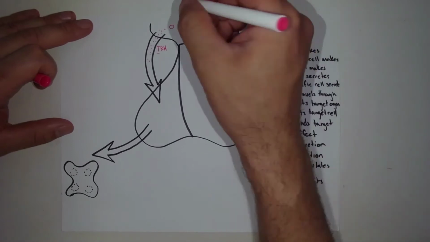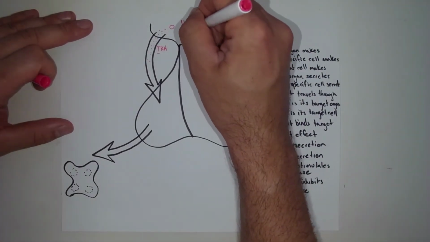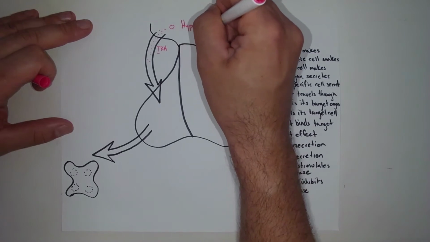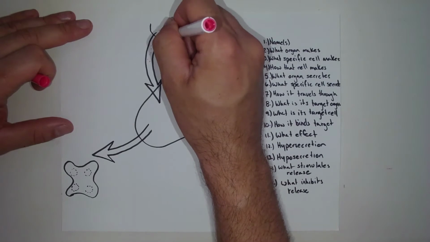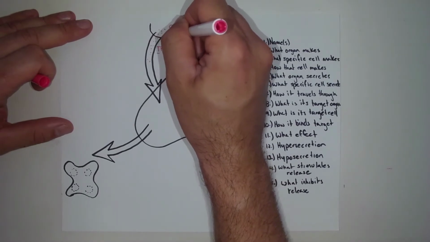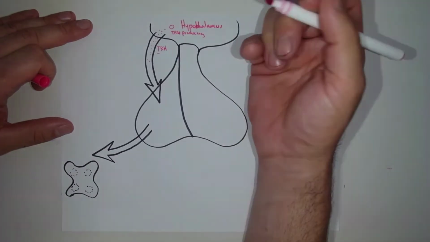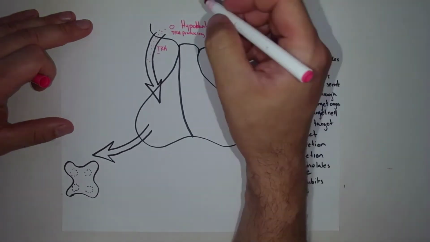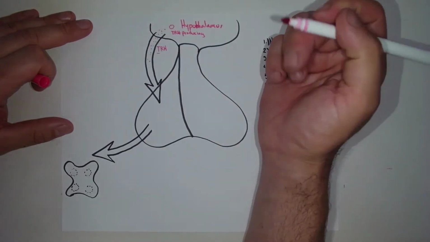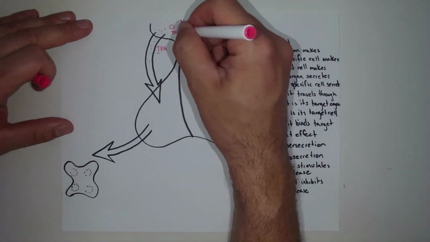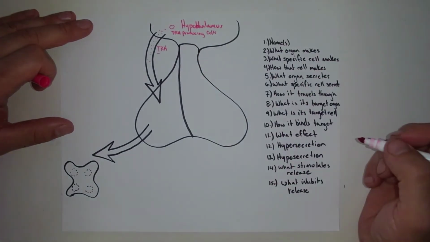What organ makes it? Well, that would be the hypothalamus. This organ here, hypothalamus. And what specific cells make it? Well, I can say TRH producing cells of the hypothalamus. This group of nuclei, you don't need to know the name of it, that just make this thyroid releasing hormone. TRH producing cells, we'll call them, of the hypothalamus.